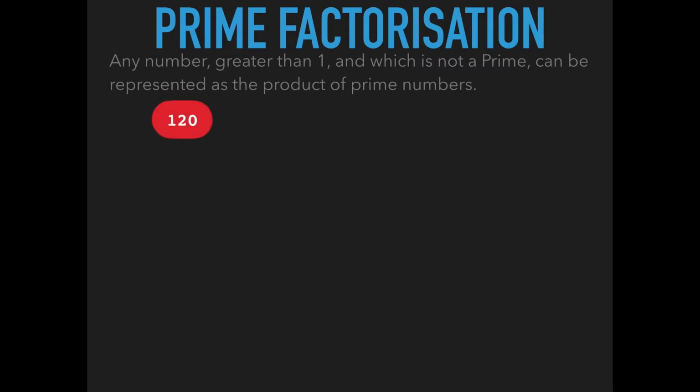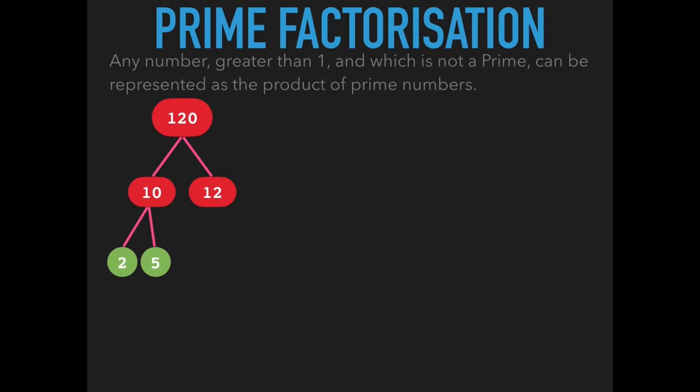For example, the number 120, we can factorize it as 10 into 12. Now 10 and 12 both are composite numbers, they are not prime numbers. So further we can factorize 10 as 2 times 5 and 12 as 2 times 6.